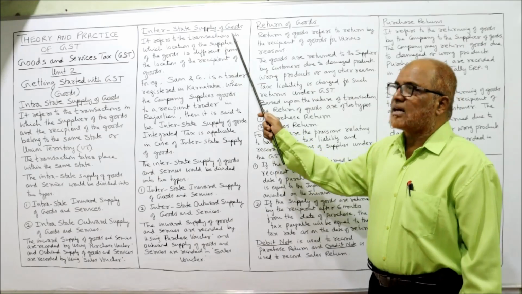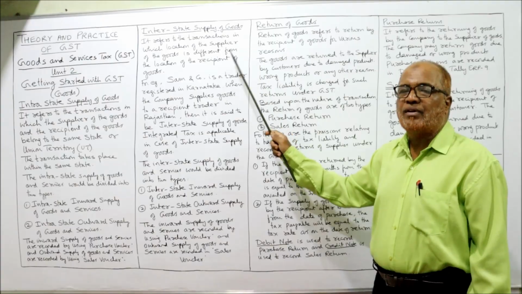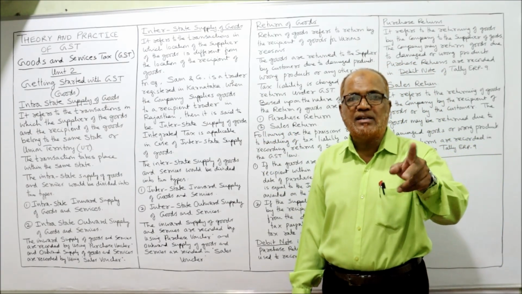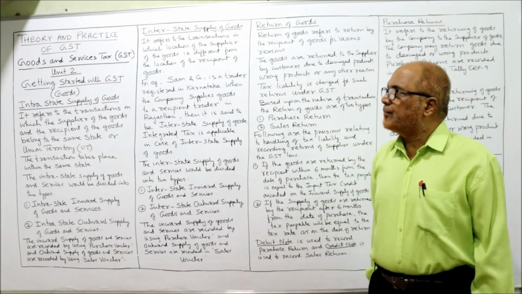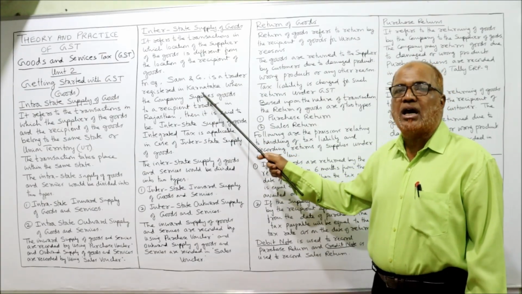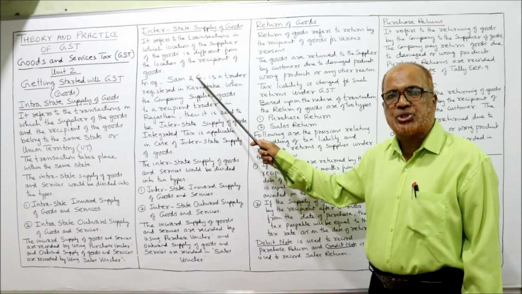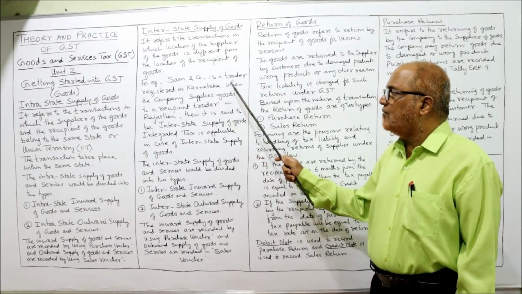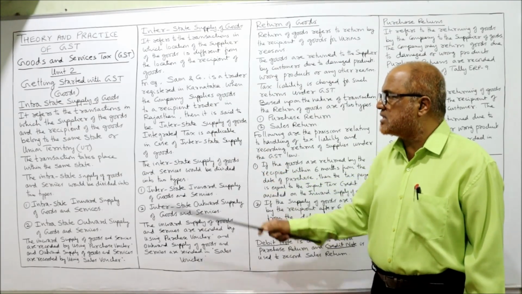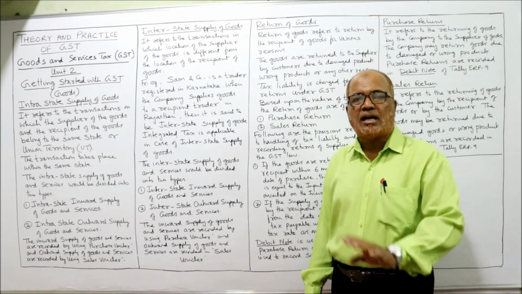It refers to the transaction in which the location of the supplier of the goods is different from the location of the recipient of the goods, two different states. Now, example, Sam and Company is a trader registered in Karnataka. So Sam and Company is a registered person under GST in the state of Karnataka, and when the company supplies goods to a recipient trader in Rajasthan, so two different states are there, Karnataka and Rajasthan.